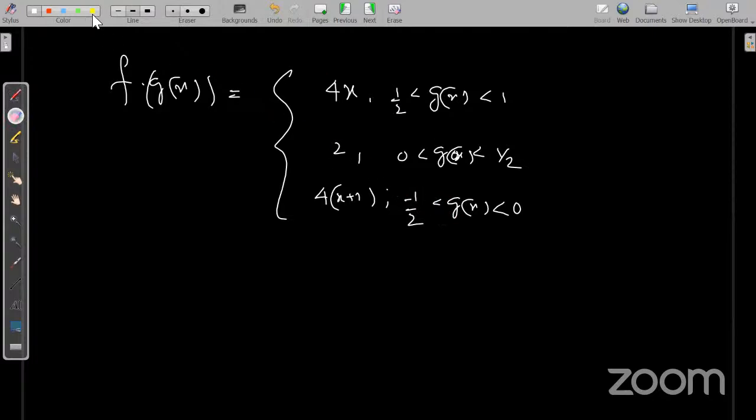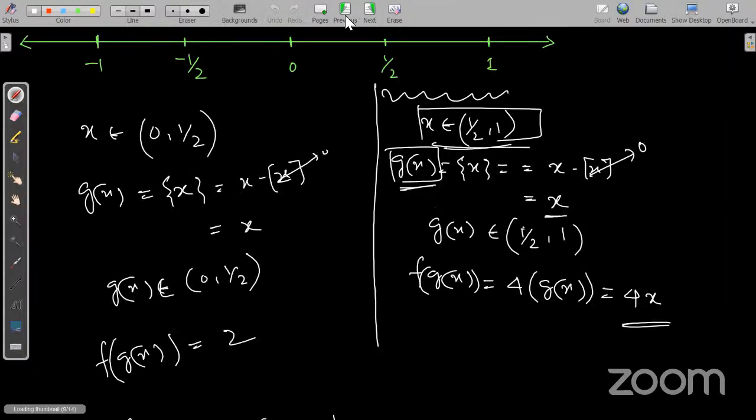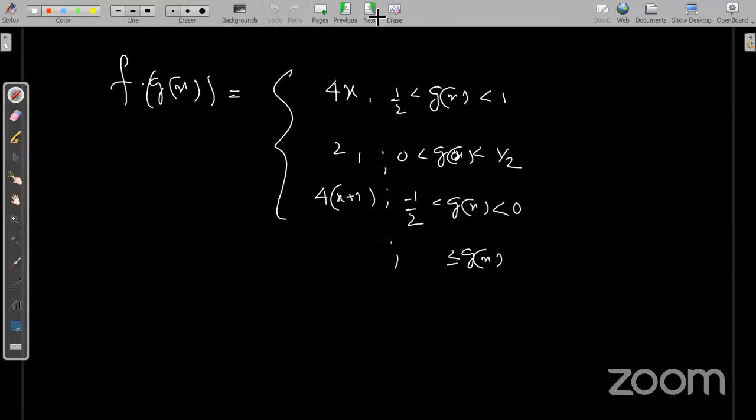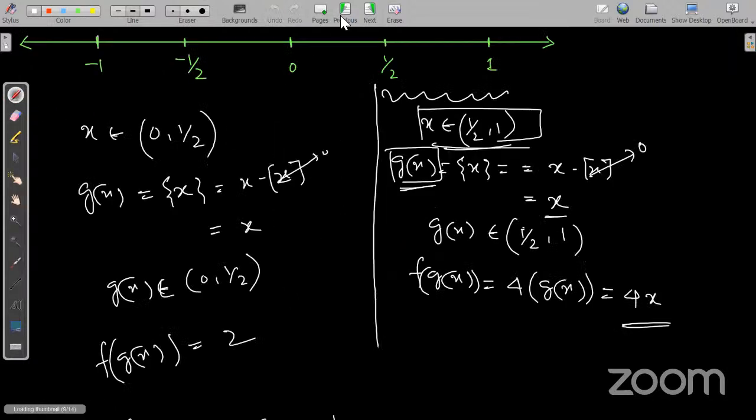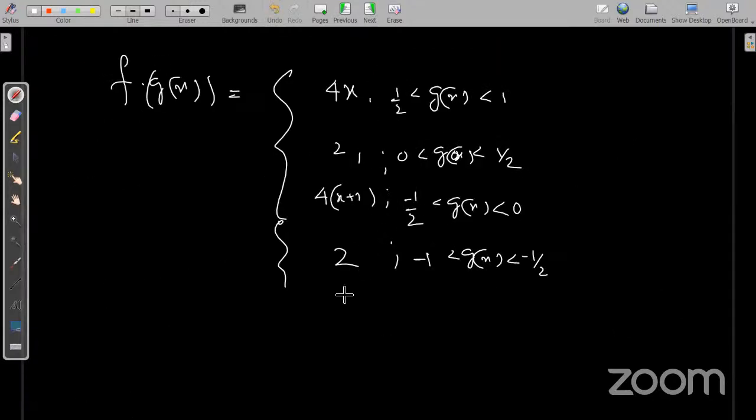And again you are getting another interval, that is x from minus 1 to minus 1/2, and in the last it is giving you 2.